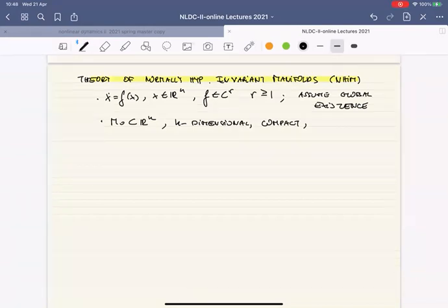Because I want to be a bit more specific about the invariance, which comes later, I just say k-dimensional, compact, and at least C1 manifold with boundary.